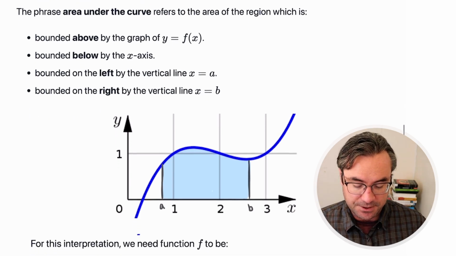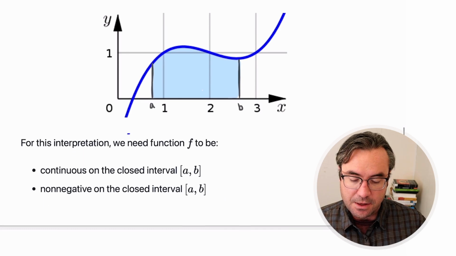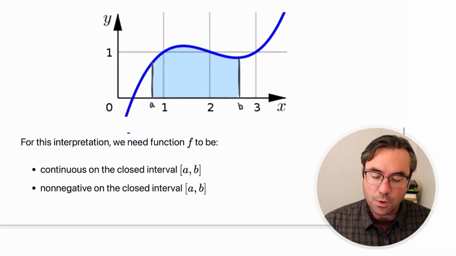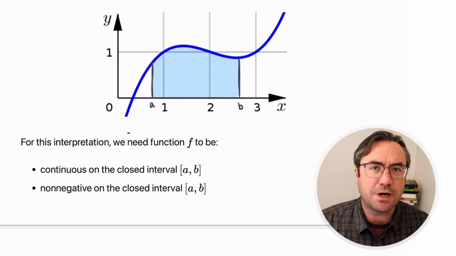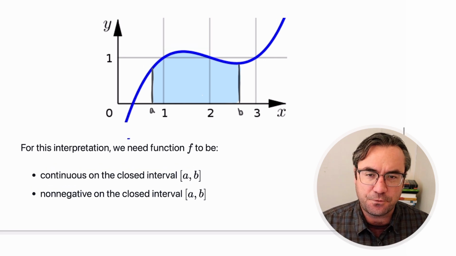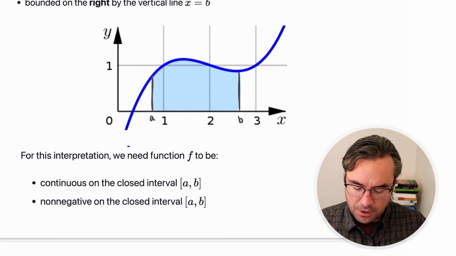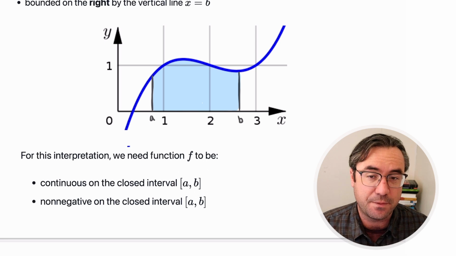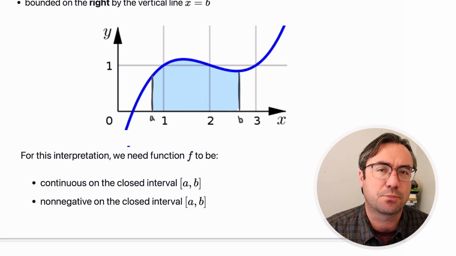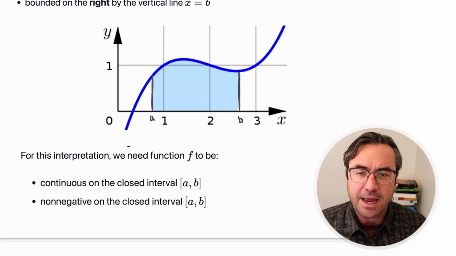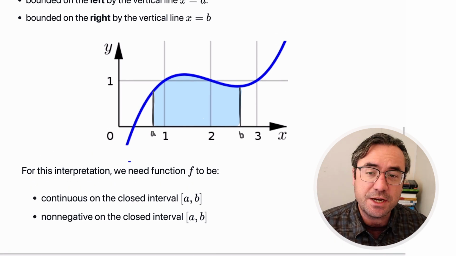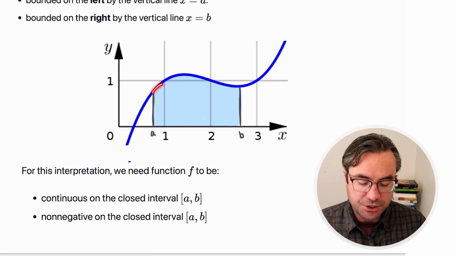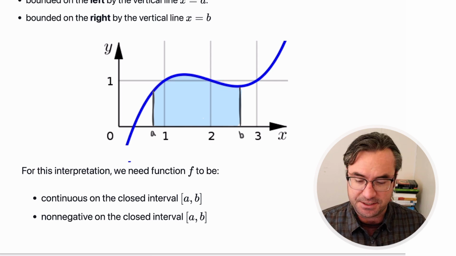And it turns out that, well, just a couple things we need. So for our discussion here, our function f is going to be continuous on that closed interval from a to b. We don't want any jumps or breaks in the graph. And for the discussion we're going to do initially, we want this function to be above the x-axis.